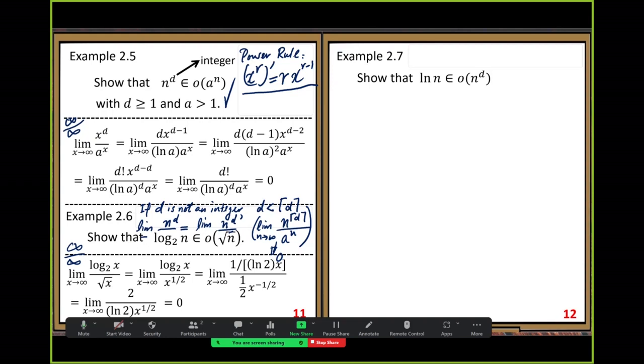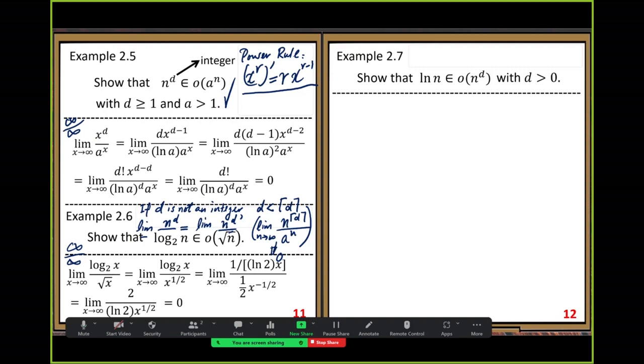And here, what's the condition for this d? We only need d positive, greater than 0. It does not need to be an integer. That's the general case.